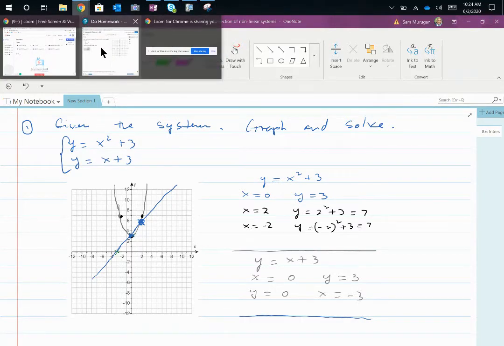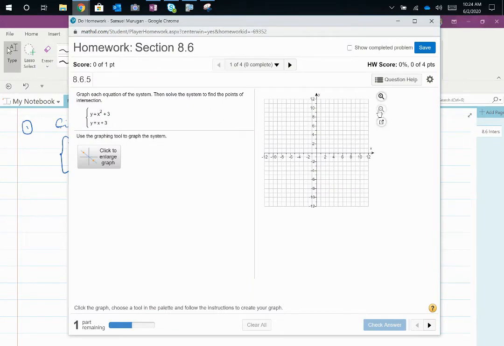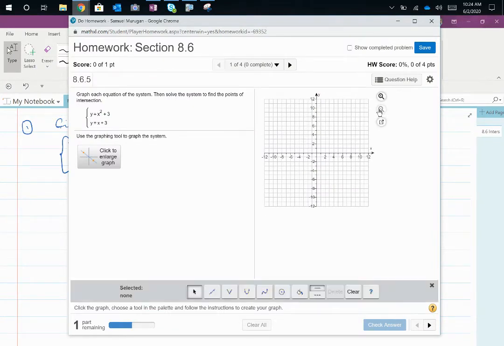in my MATLAB. So here's our graph, and you would want to use the parabola tool, touch 0 and 3, then touch 2 and 7, and then -2 and 7. And then for the straight line, you simply touch the 2 points, -3 and 0.